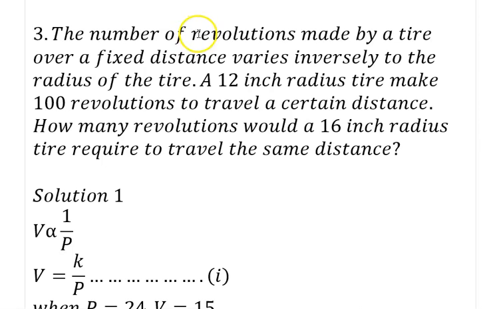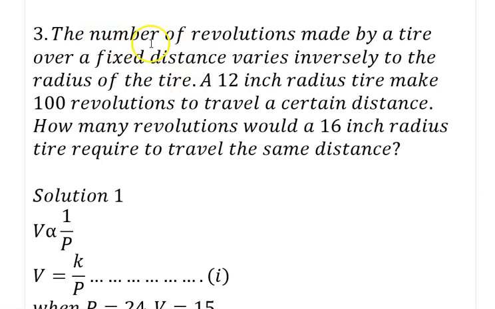The number of revolutions made by a tire over a fixed distance varies inversely to the radius of the tire.